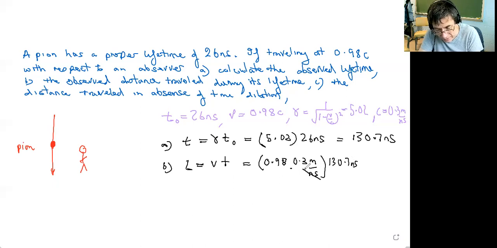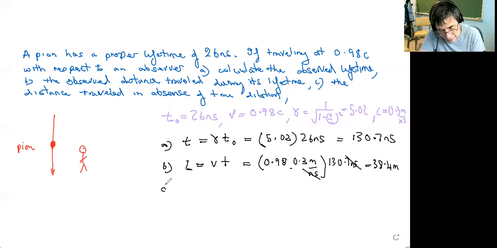You see here that the nanoseconds in the numerator and the denominator cancel each other out, just left with the units of meters. So that's the convenience of working in these units for the speed of light. And if I multiply 0.98 times 0.3 times 130.7, I got 38.4 meters. So that's the distance traveled by the pion as a result of the time dilation of its lifetime.